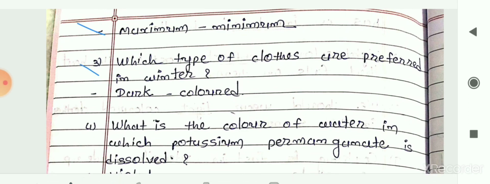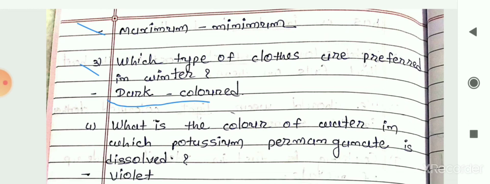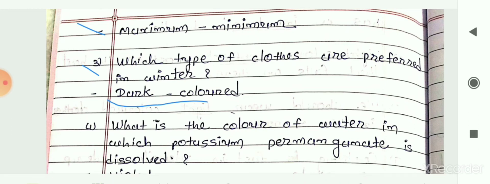Next, third number, which type of clothes are preferred in winter? In winter, dark color clothes are preferred, as these clothes absorb most of the heat. To feel warm, we prefer dark color objects in the winter season.